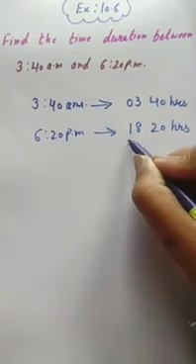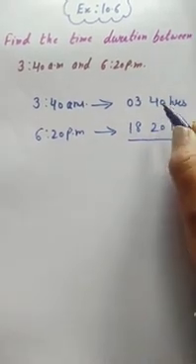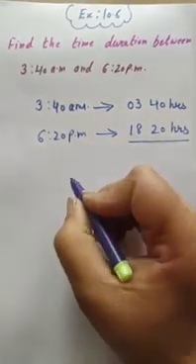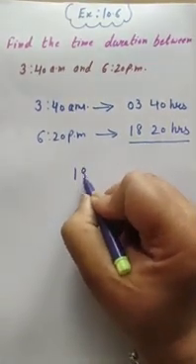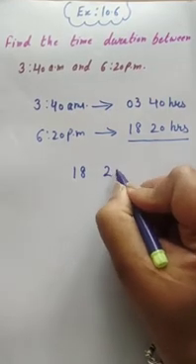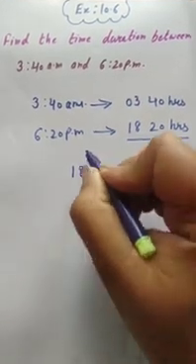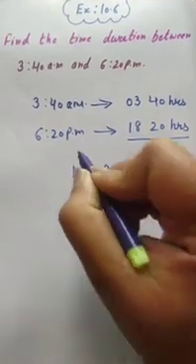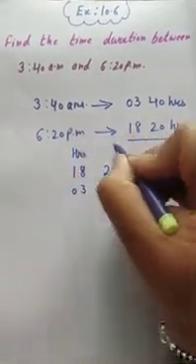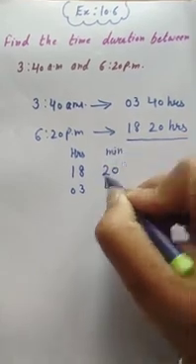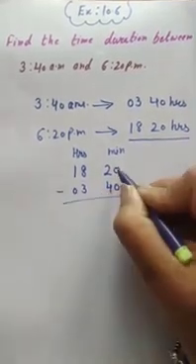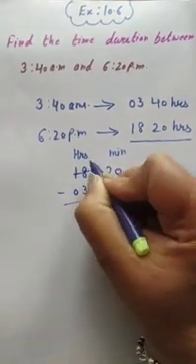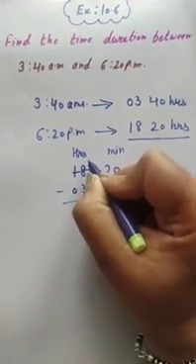Now we have to find the time between these two given times. So here we subtract 1820 and 340. When we subtract 40 from 20, it is not possible, so we will borrow from the hours part.